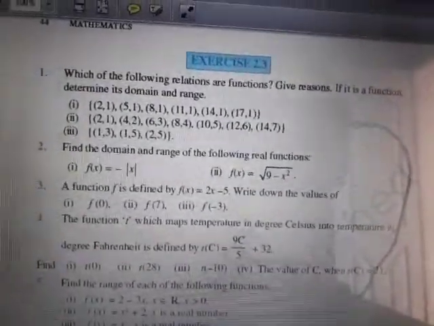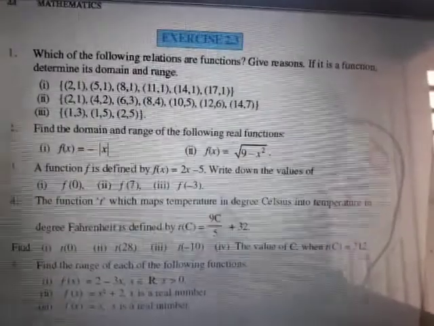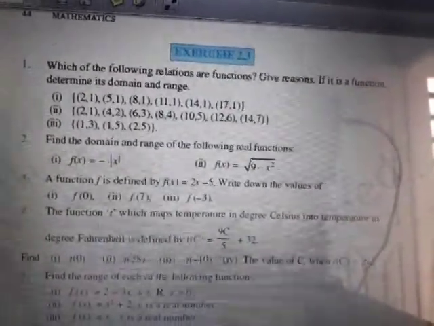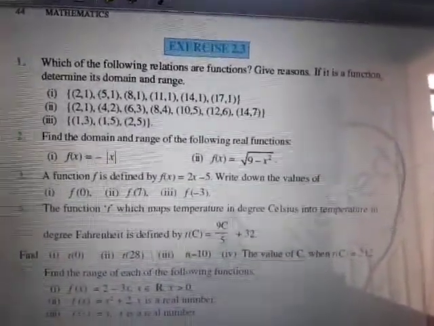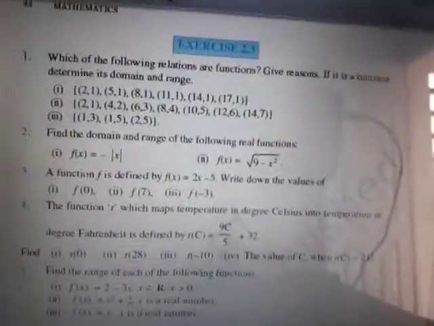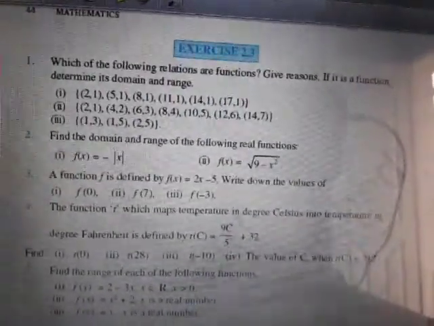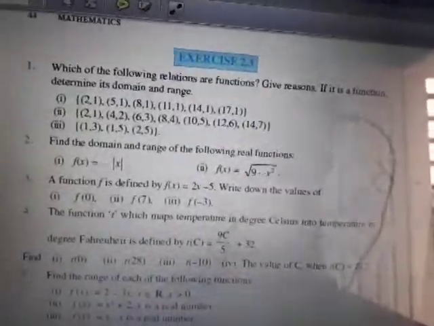I have given you a clear explanation of what is meant by a function, and I asked you to remember 2-3 points. So draw the arrow diagram for these questions and check whether it satisfies all the conditions which I told you. If it satisfies, then it is a function. If it does not satisfy, it is not a function. So you can very well do the first question.